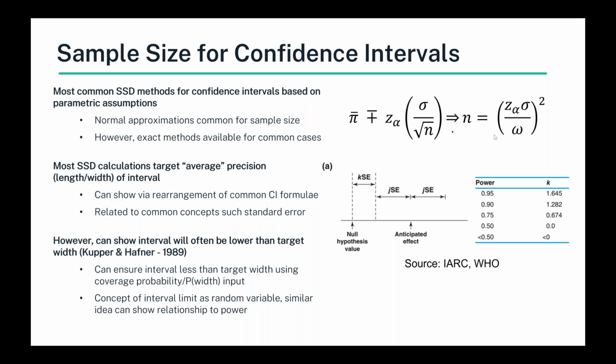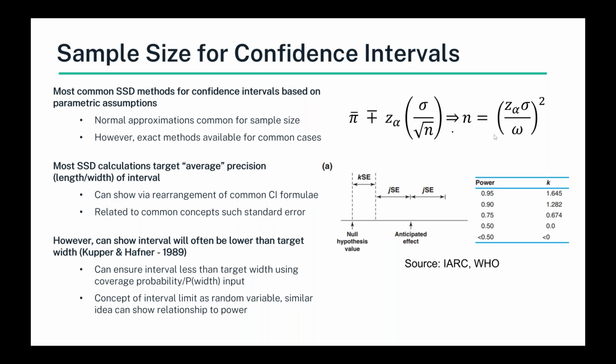However, the likelihood is that the achieved width will still be very close to the target width. It's really only in cases where you really do need your achieved width to be smaller than or equal to the target that you might consider some other options.